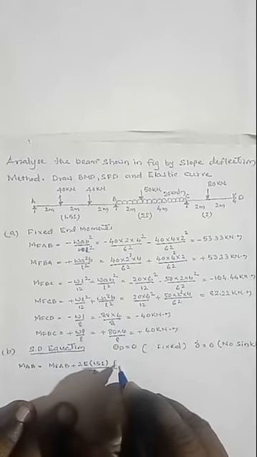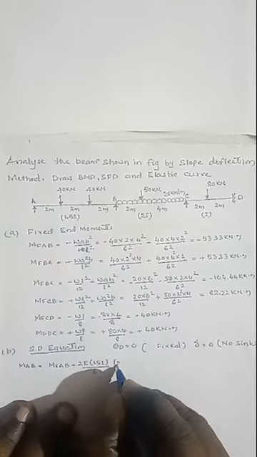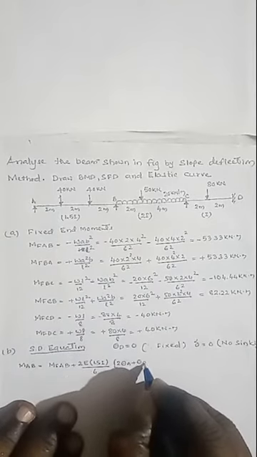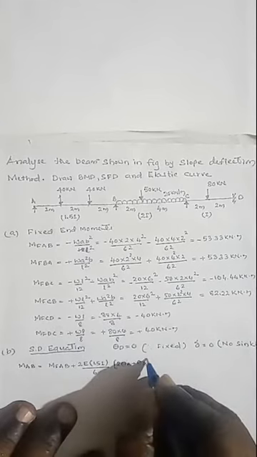Inside of the bracket, the near end is A: 2 theta A plus theta B, no sinking of the support.